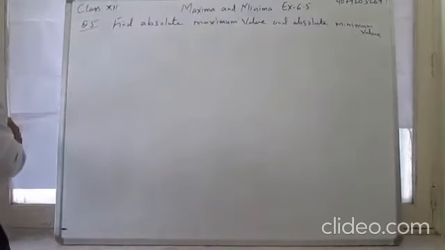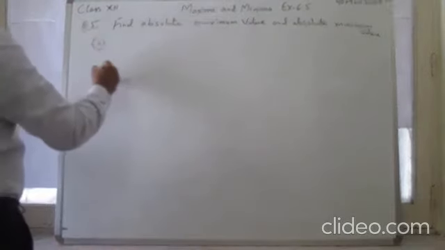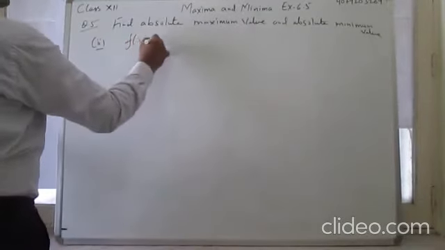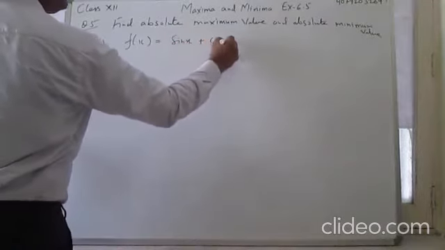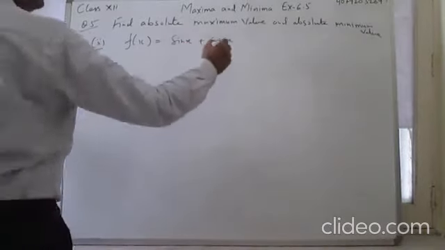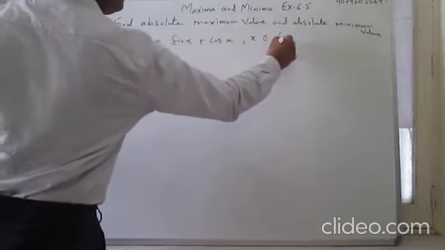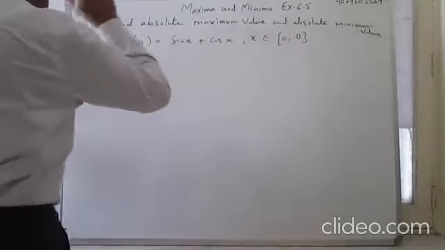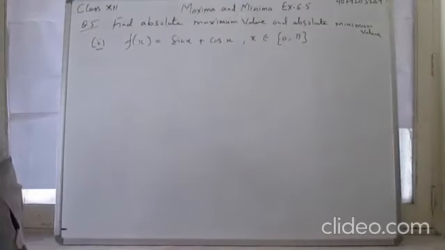Absolute maximum and absolute minimum. Second part, fx is equal to sin x plus cos x. This implies x belongs to 0 and pi. So you have to find maximum and minimum absolute value.